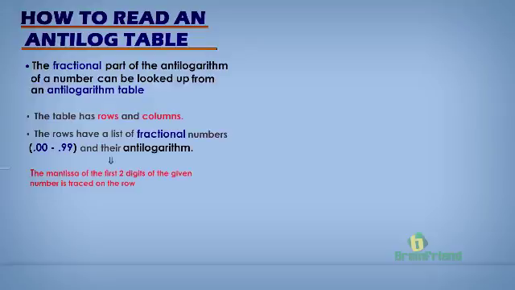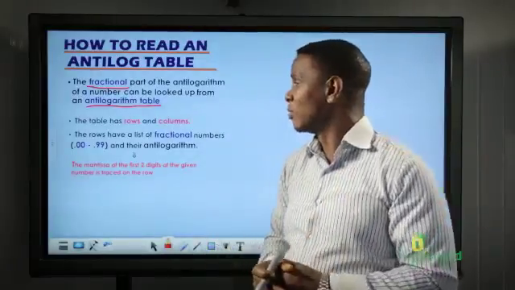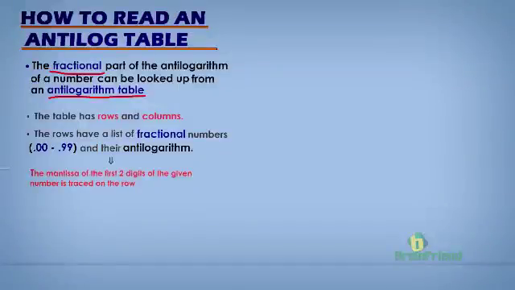The fractional part of a given log number is simply looked up from the antilogarithm table. We said the antilogarithm table is very similar to our logarithm table. So just like the logarithm table, it has rows and columns.